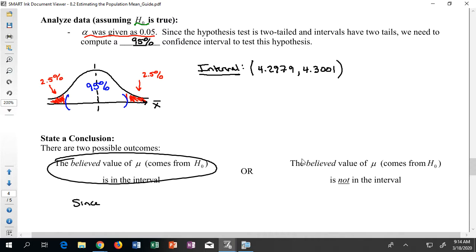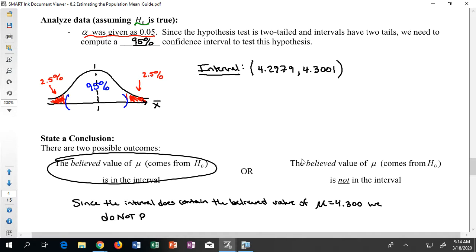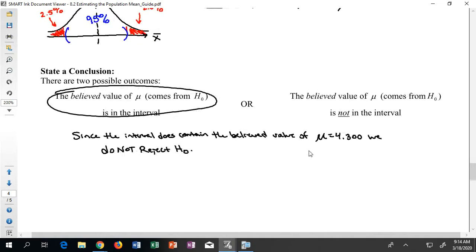My conclusion then would look like, since the interval does contain the believed value of the mean being 4.300, we do not reject H0. H0 still seems like it fits pretty well.